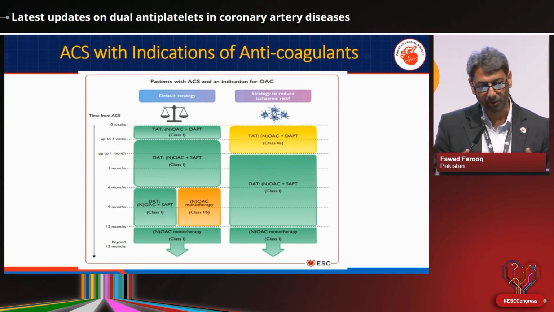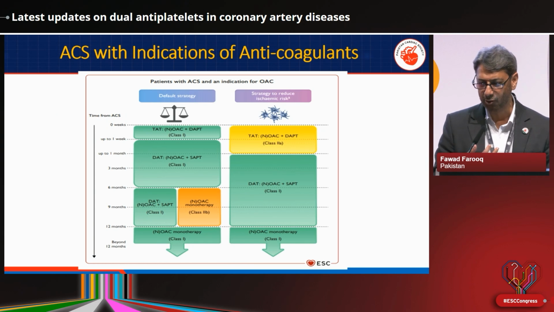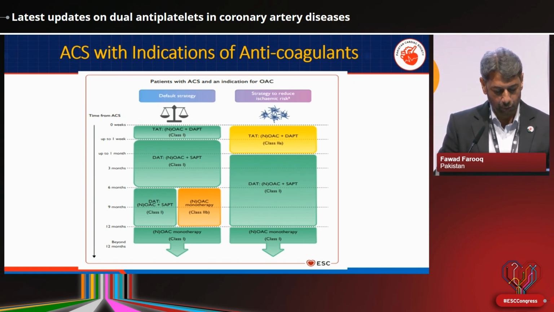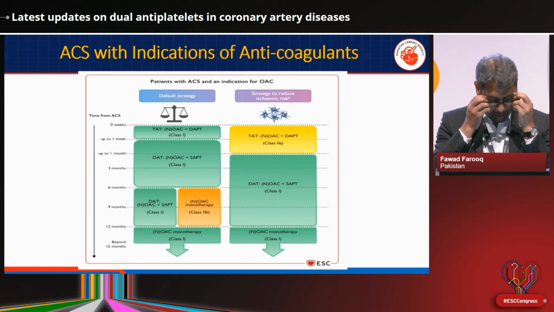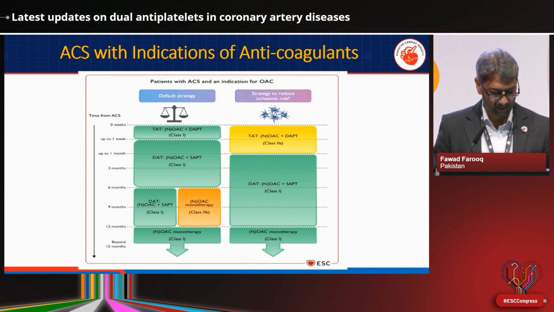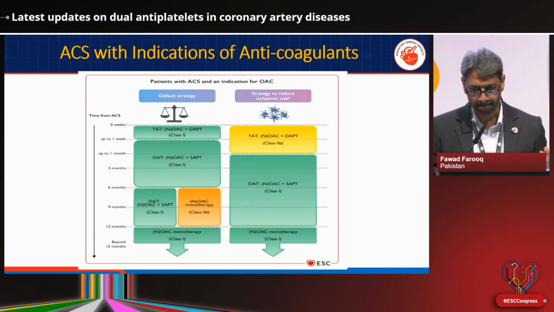If you have a background of atrial fibrillation or any other condition where you need an anticoagulant for a prolonged period of time, you start with dual antiplatelet, either aspirin and clopidogrel, or sometimes even ticagrelor. Preferably clopidogrel would be a good choice when you're using triple antithrombotic.